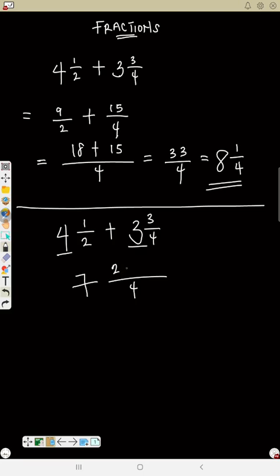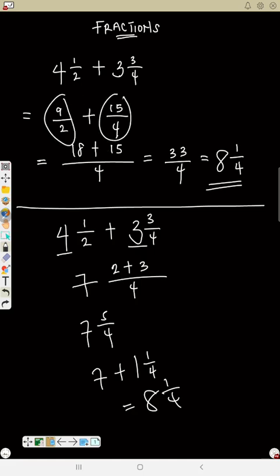Then you have 2 plus 3, so that will be 7 whole number 5 over 4. So that will be 7 whole number plus 1 whole number 1 over 4. 7 plus 1, 8 whole number 1 over 4. But normally it's better if you change everything first to improper then find the LCM. Or you can also say this times this divided by this times this, you still get the same answer.